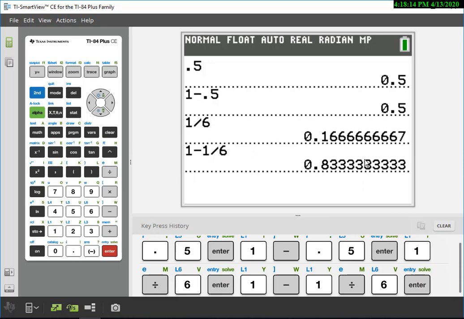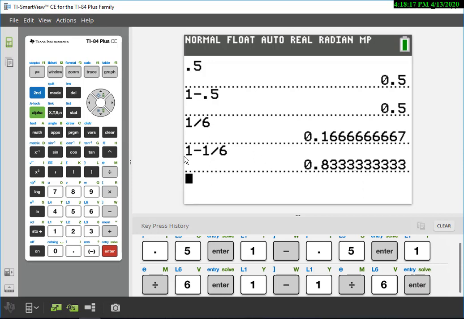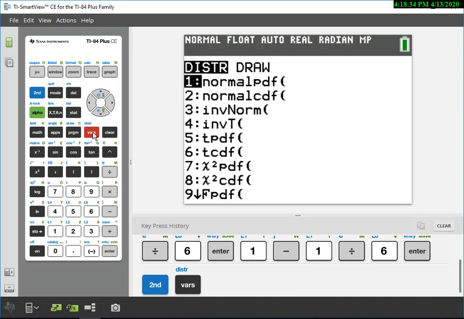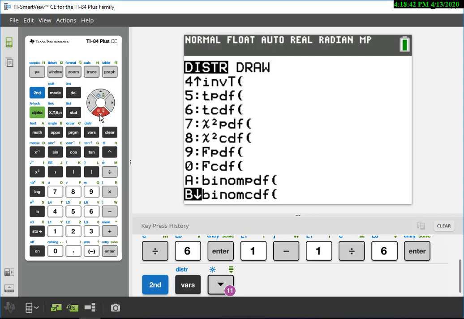So let's say for example that we want to do a binomial probability problem, where we start by choosing the second vars button, and we're going to scroll down to where it says binomial CDF or binomial PDF.